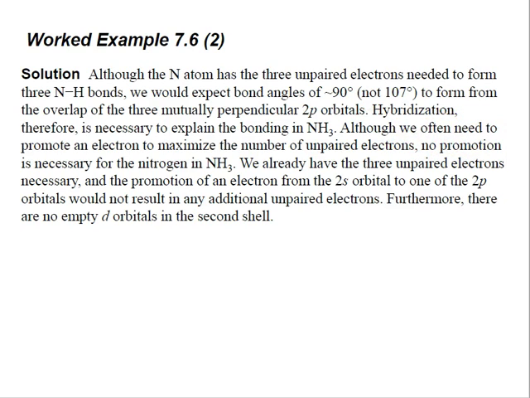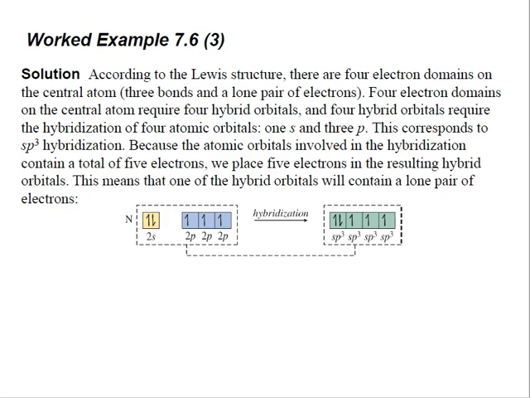Although we often need to promote an electron to maximize the number of unpaired electrons, no promotion is necessary for the nitrogen in ammonia. We already have the 3 unpaired electrons necessary, and promoting an electron from the 2s orbital to one of the 2p orbitals would not result in any additional unpaired electrons. Furthermore, there are no empty d orbitals in our second shell.